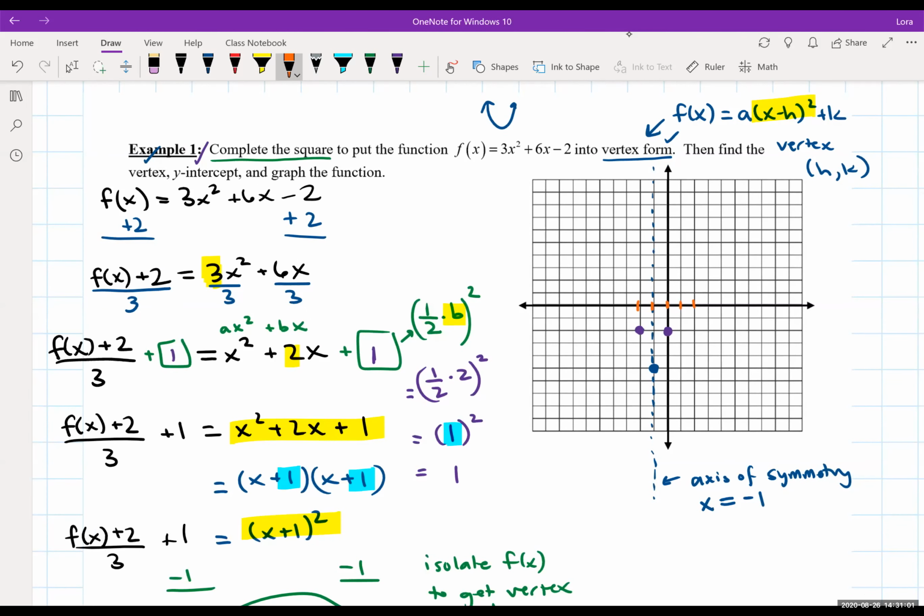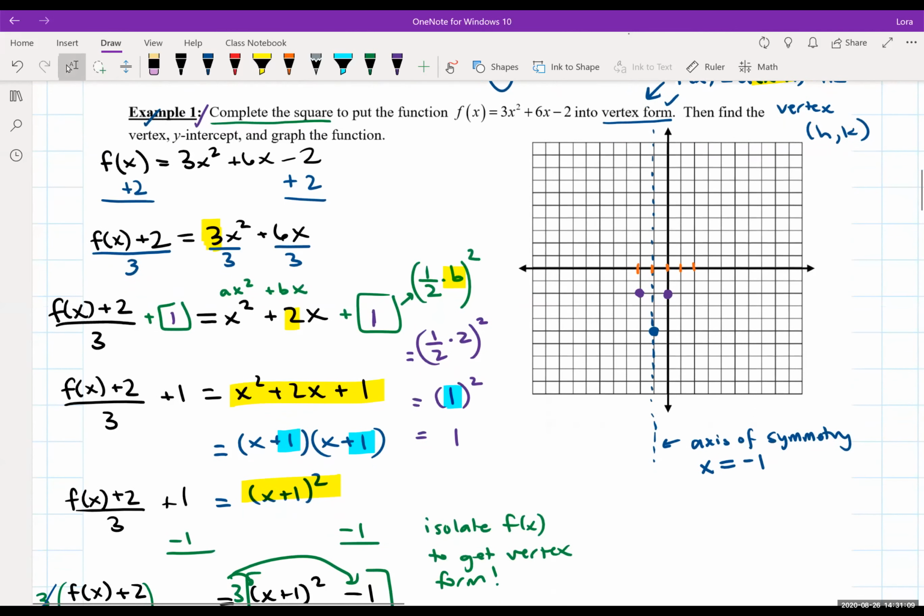And then if you can find a point there, then you can figure out another point on the other side. So there's more than one way to do this. We're not really taking away your TI from you, so you could also plug them into the function and find it. But just in case, sometimes we are stuck without a calculator. We want accuracy. It said graph, so we assume that's accurate.